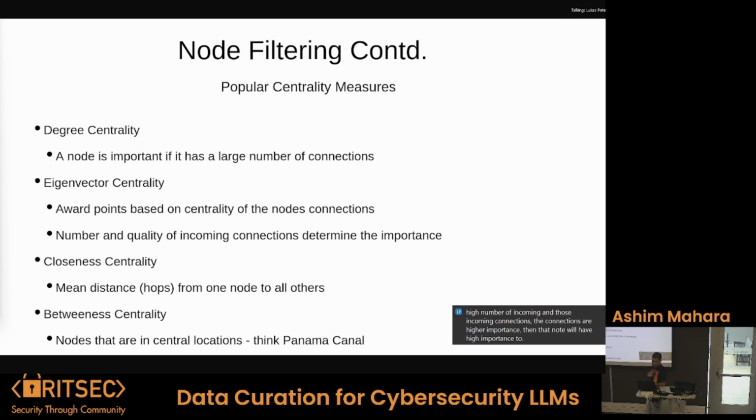Closeness centrality is the mean distance in hops from one node to all others. Betweenness centrality measures whether nodes are in central locations, like the Panama Canal, which serves as a bridge between different seas, and a lot of the paths contain the canal.